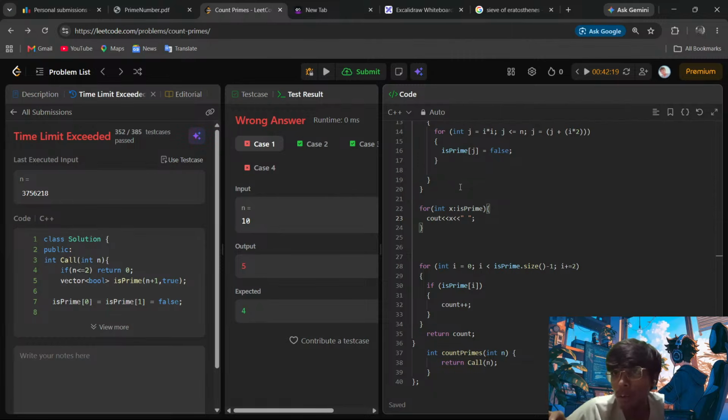You're traversing again for the counting part. That's the problem. For the counting part.